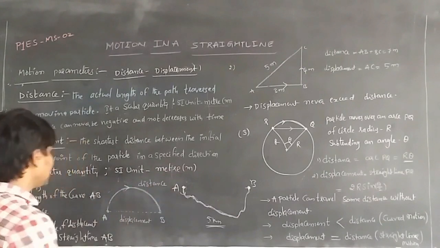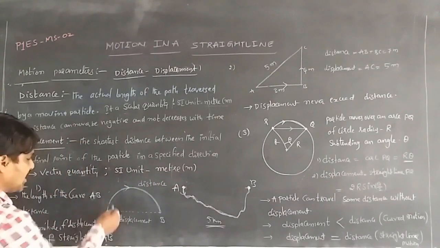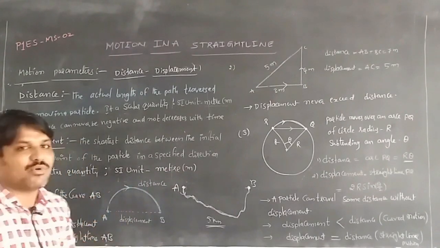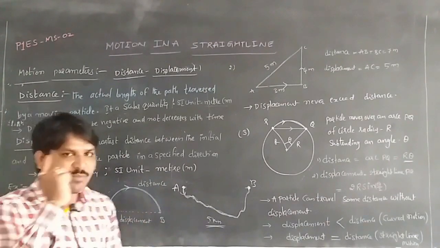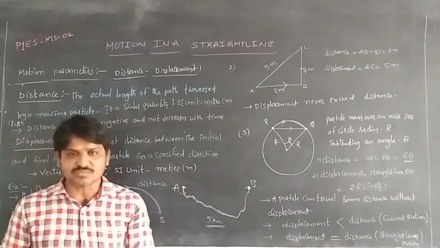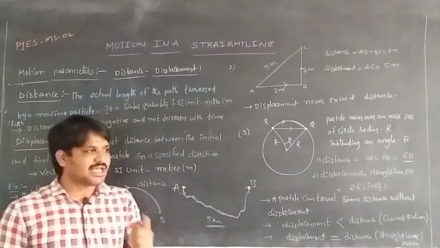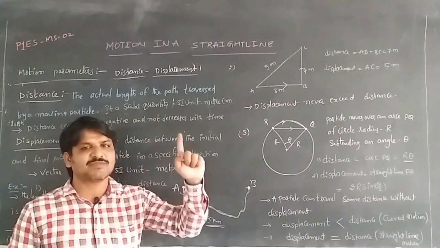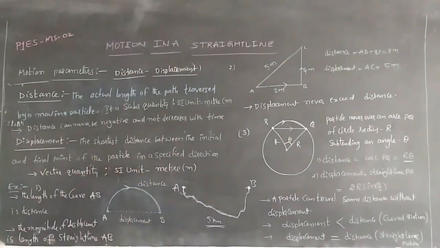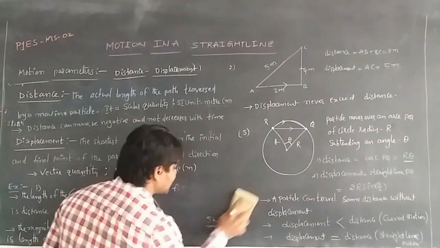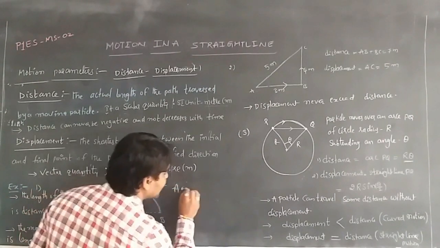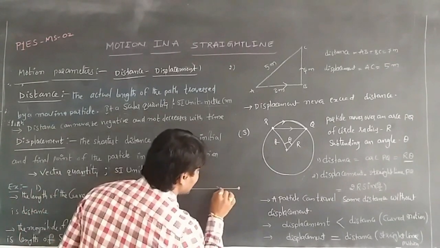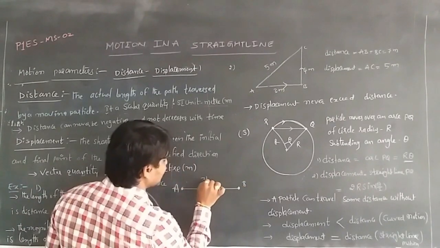And here we are going to see some examples to clarify the difference between distance and displacement. If the body is moving along a straight line without changing its direction, then distance and displacement will be the same. In the case of a body moving along a straight line, the body starts from A and travels in some direction to point B, for 3 kilometers.